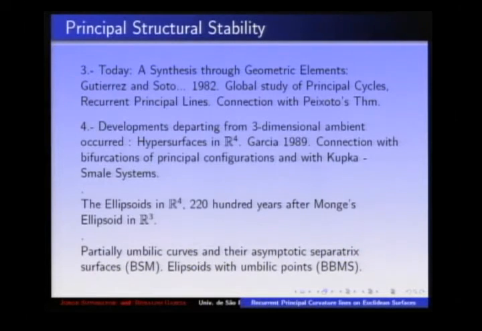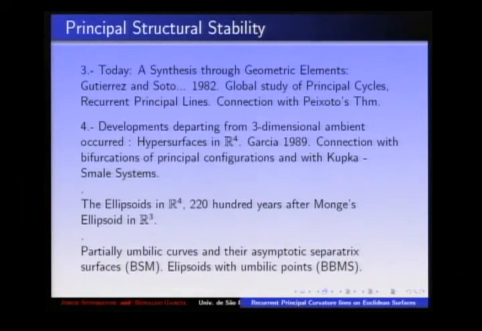Instead of taking a two-dimensional manifold, taking a three-dimensional manifold and immersing it into four-dimensional space, and looking for this structure of singularities, umbilic points. There are more varieties of umbilic points, partial umbilic points of several orders. And he arrived at a Kupka-Smale class of systems.